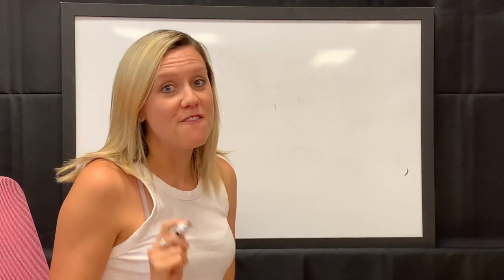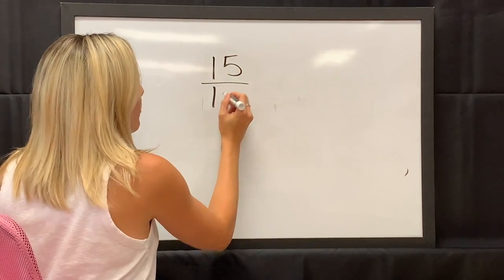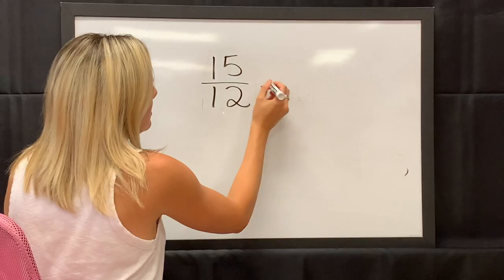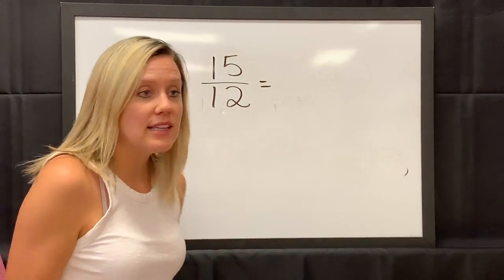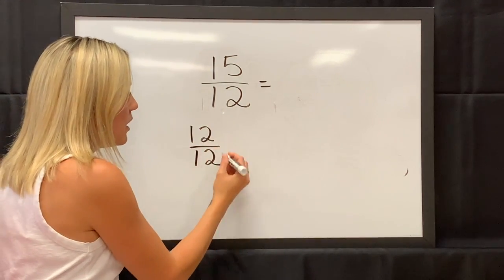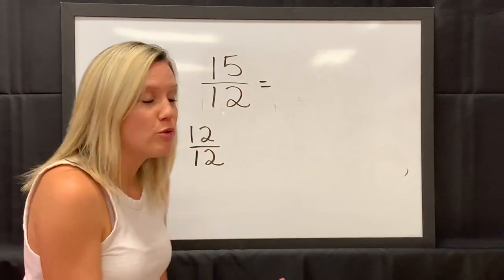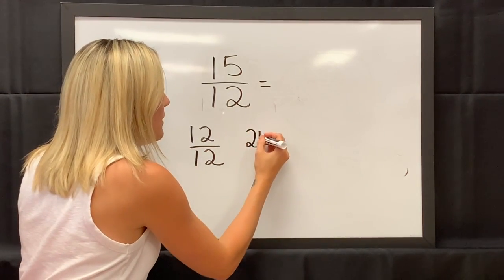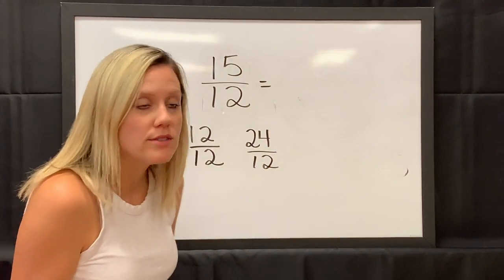We are going to have 15/12. So if we get this as an answer, how can we write that as a mixed number? Well, just like the last problem, 12/12 would equal 1 whole. Another set of 12/12, or 24/12, would equal 2 wholes.